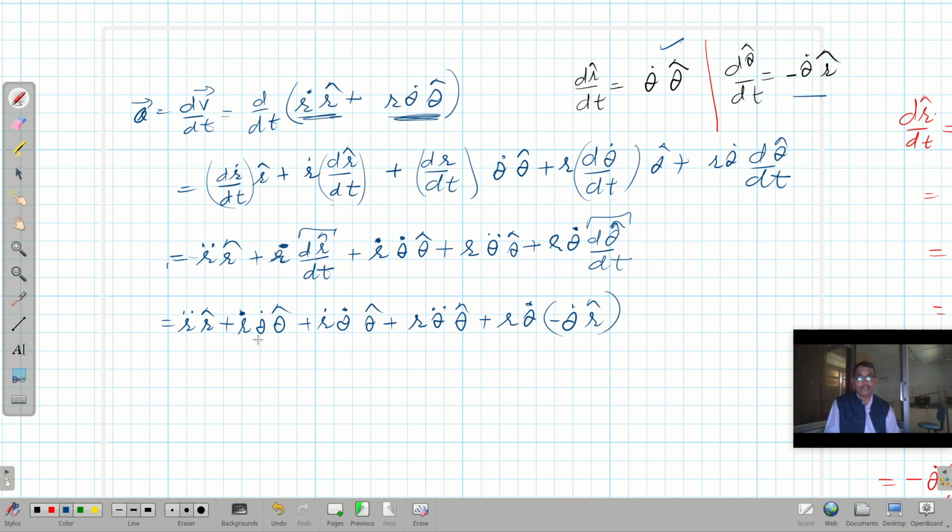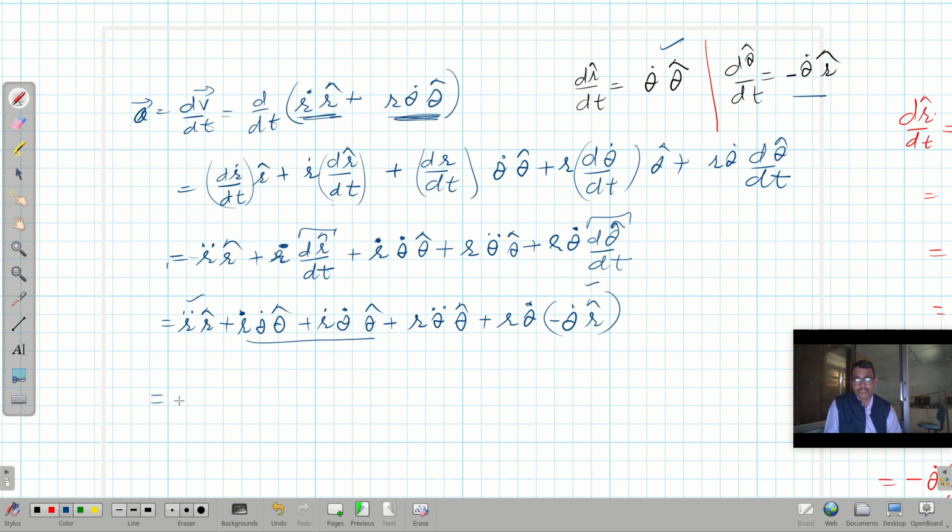Let me club these terms: r cap appears in two terms, and theta cap is sitting with the other three terms.